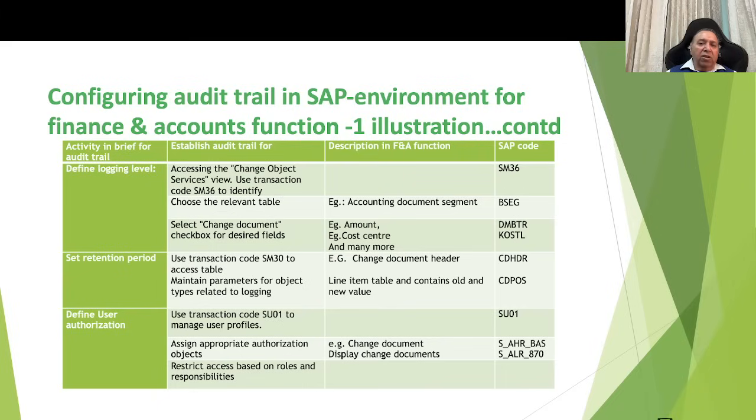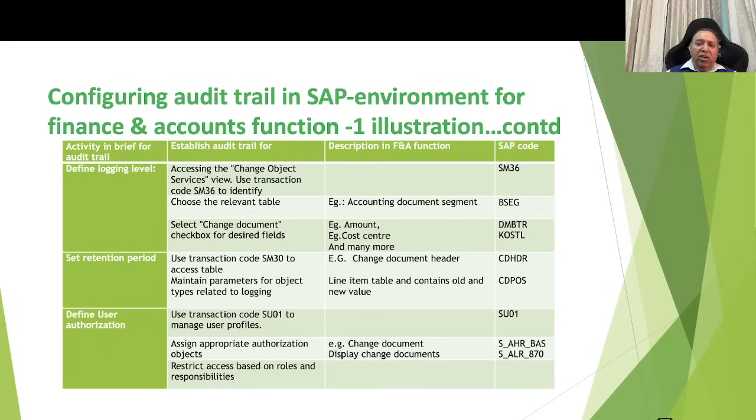And define the user authorization. User transaction code SU01 can be utilized to manage the user profiles. User profiles contain what all access is available to the objects, etc. And assigning appropriate authorization objects.